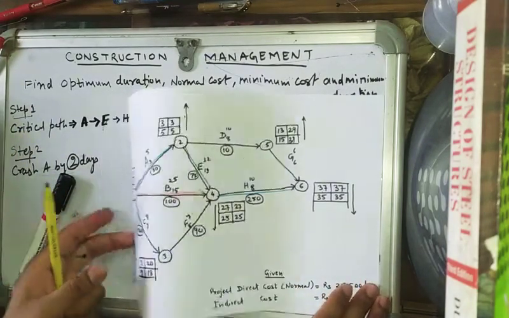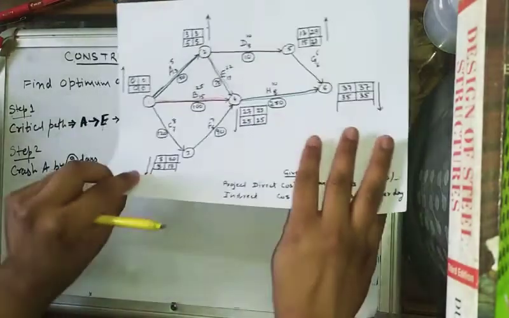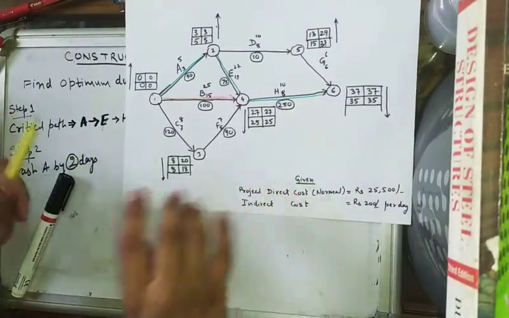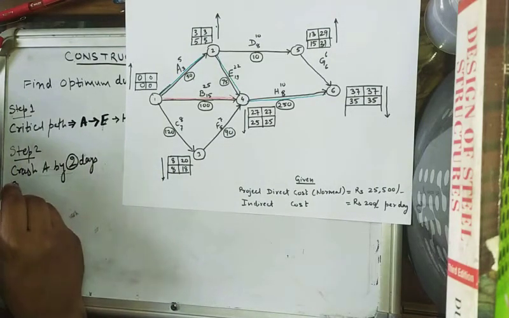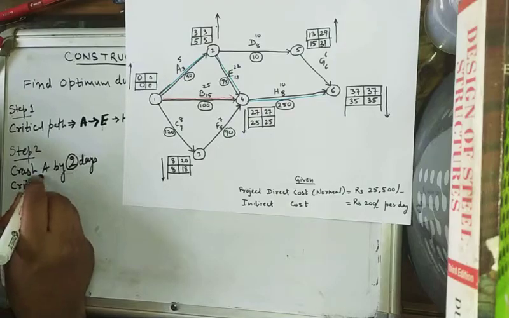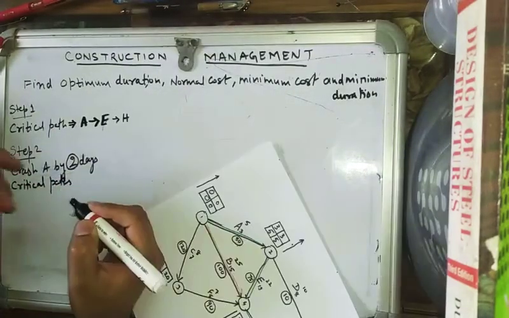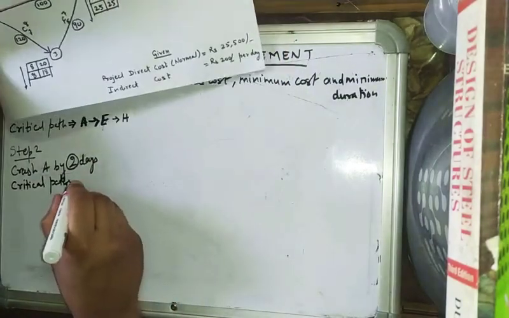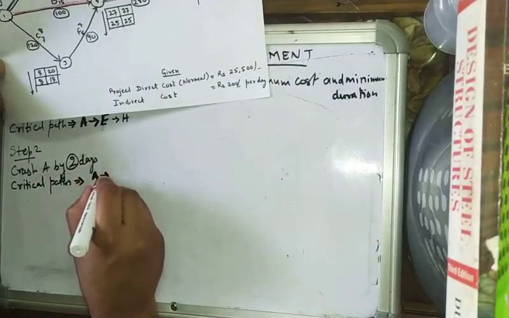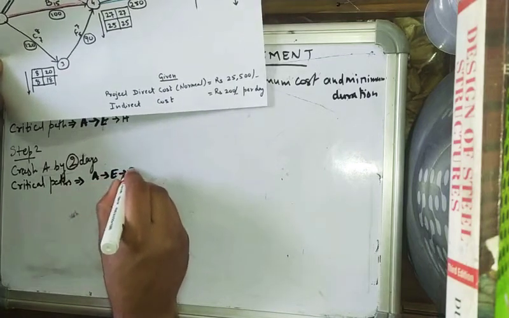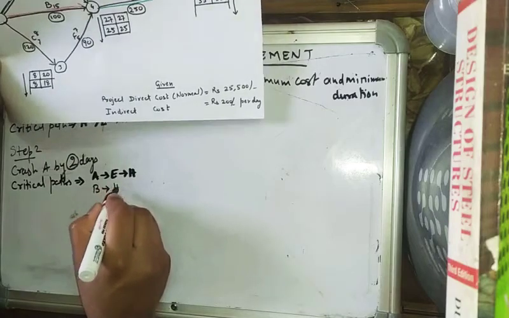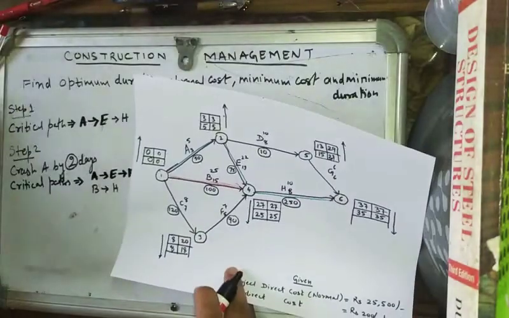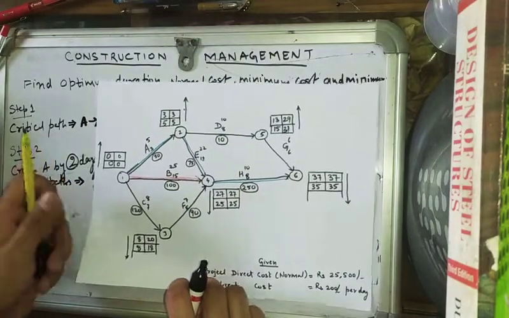So step 2, crash A by 2 days. So we have critical paths as A, E, H and B, H. Clear?